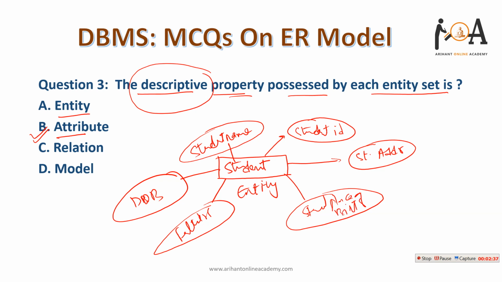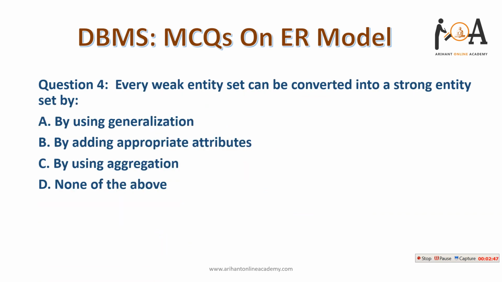All these properties which hold information or description about the entity are called attributes. So option B is the correct answer.